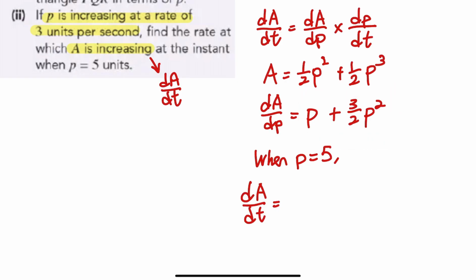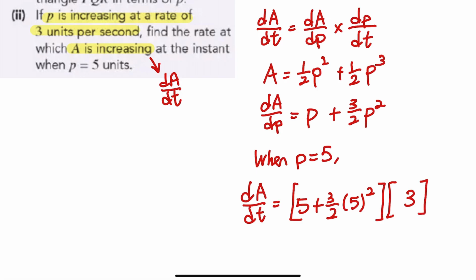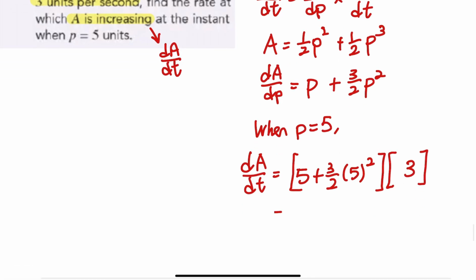This whole thing will be equal to 5 plus 3 over 2 times 5 squared, this whole thing times 3. If you evaluate this using a calculator, you should get 127.5 units squared per second.